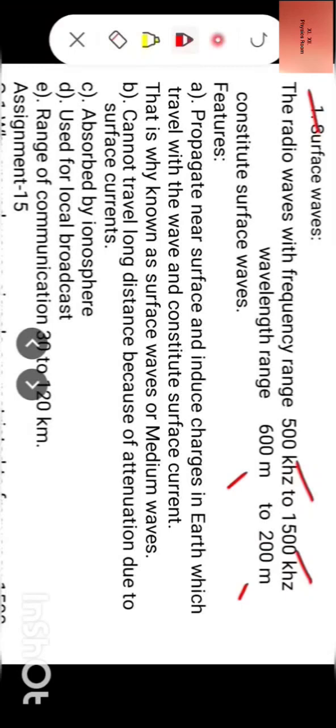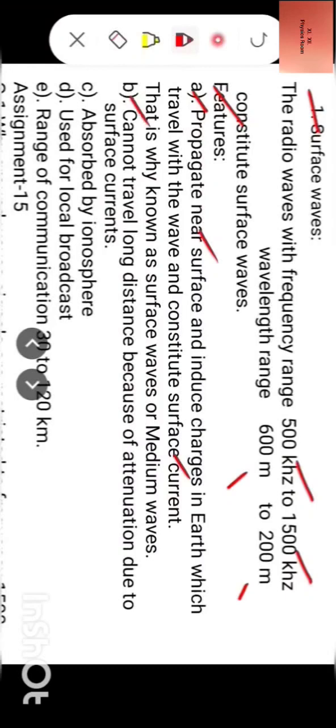Okay. Now, features of surface waves. A. Surface waves propagate near the surface and induce charges in earth, which travel with the wave and constitute surface currents. That is why these are known as surface waves or medium waves.